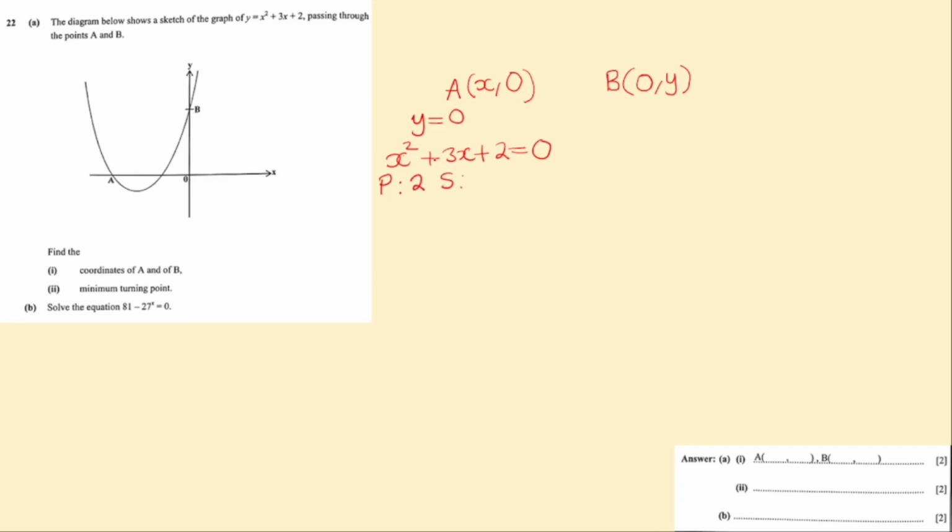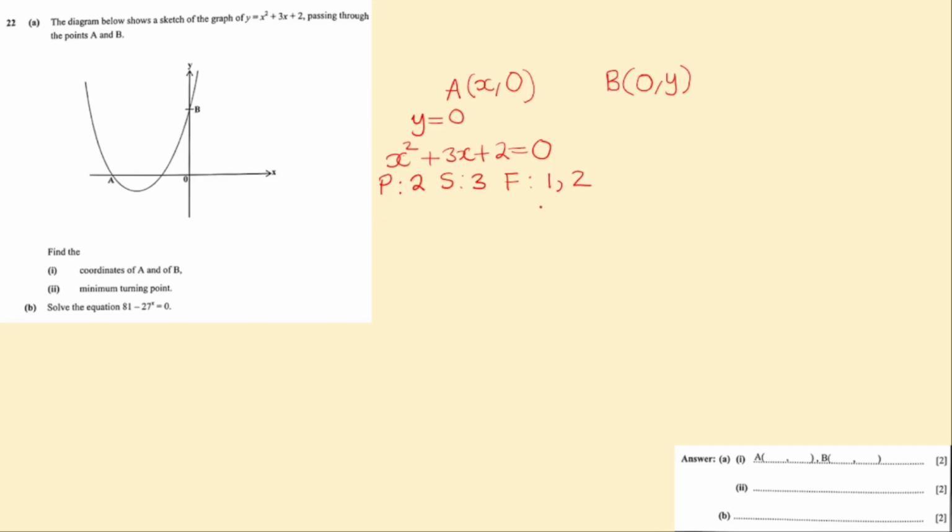The sum is the coefficient of the x term, which is positive 3. We need to search for the factors. We need two numbers such that when we multiply them, they give us 2, and when we add them, they give us 3. So those two numbers are 1 and 2.